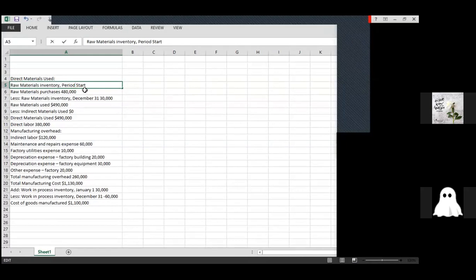So we'll give the items general names here that are easy to remember.